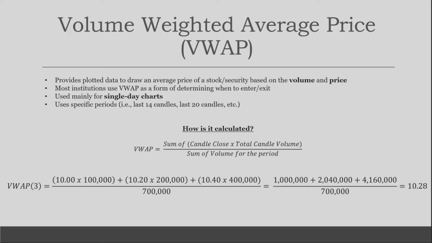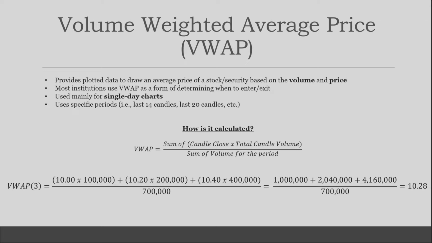Before you get overwhelmed by what's on your screen, let's go ahead and break down the most popular type of technical indicator, known as the volume-weighted average price, better known as the VWAP. The VWAP provides plotted data to draw an average price of a stock or security based on both the volume and the price of the stock.